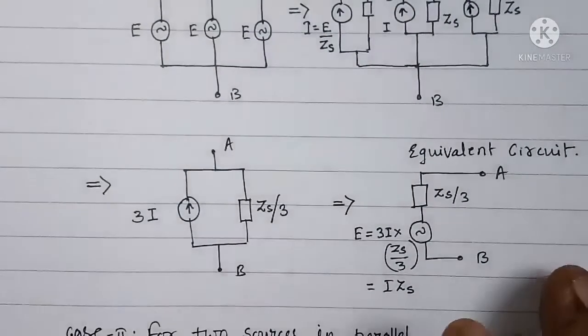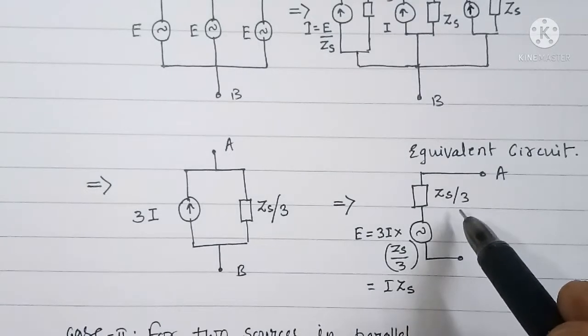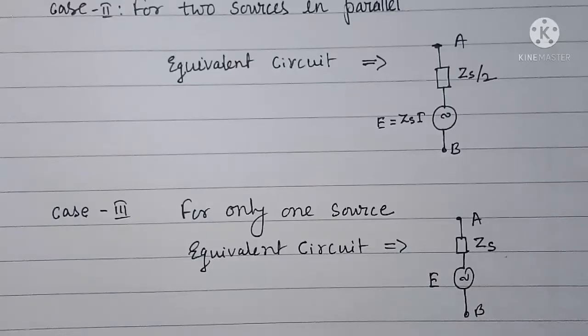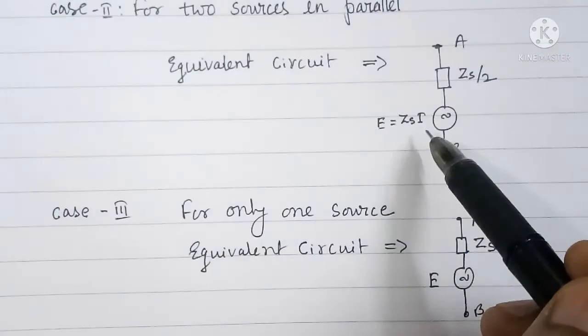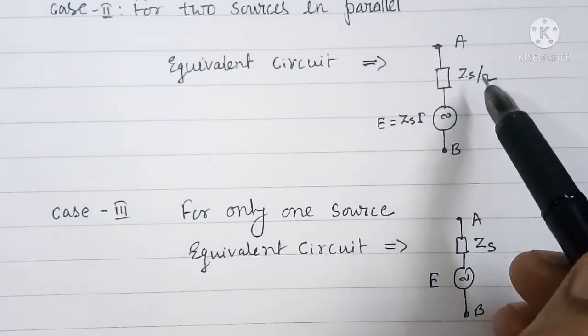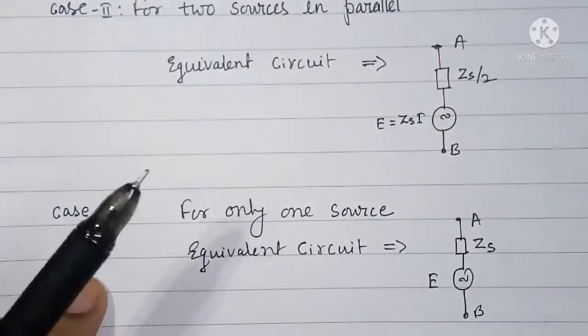So from this discussion, what we understand is, if the number of sources increases, then the source impedance will decrease. You can see here case 3, one source, impedance is ZS. Case 2, two sources in parallel, in the equivalent circuit we have impedance as ZS by 2.